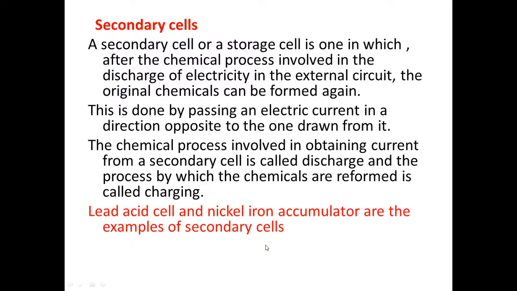Discharging का मतलब है when you are drawing current from the cell, it is discharging process. और जब आपका सेल एक बार डिस्चार्ज हो गया उसको दोबारा से करंट लेने के लिए जो तरीका अपनाते हैं, जैसे वी पास करंट फ्रॉम आउटसाइड इन रिवर्स डायरेक्शन, तो वो जो तरीका है उसे कहते हैं हम चार्जिंग. लेड एसिड सेल एंड निकल आयरन अक्यूमुलेटर आर द एग्जांपल्स ऑफ सेकेंडरी सेल्स.